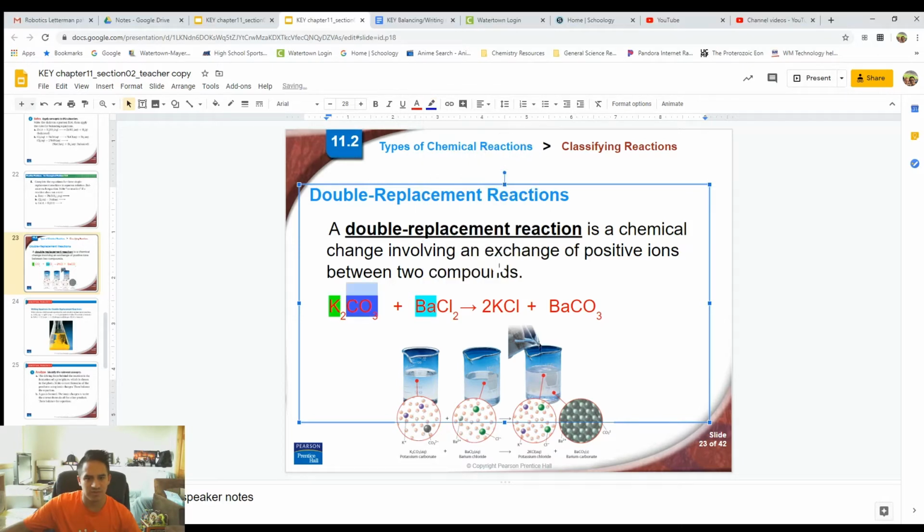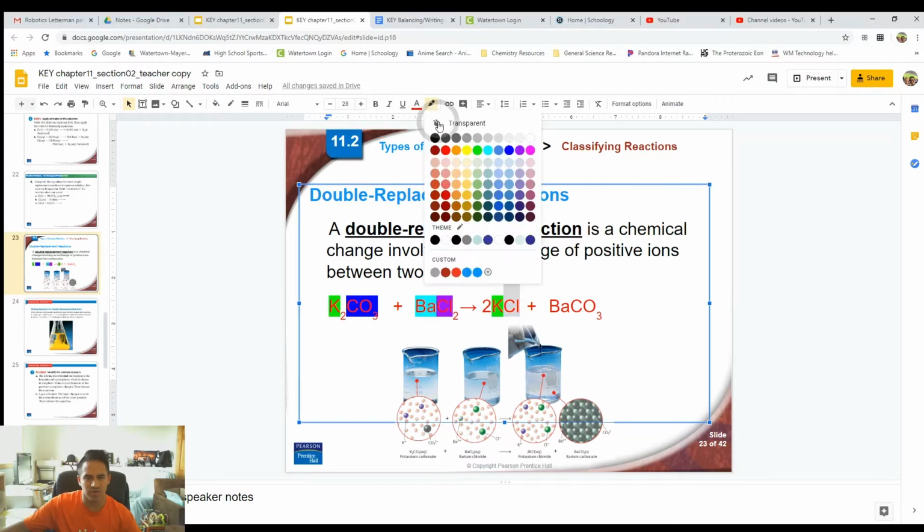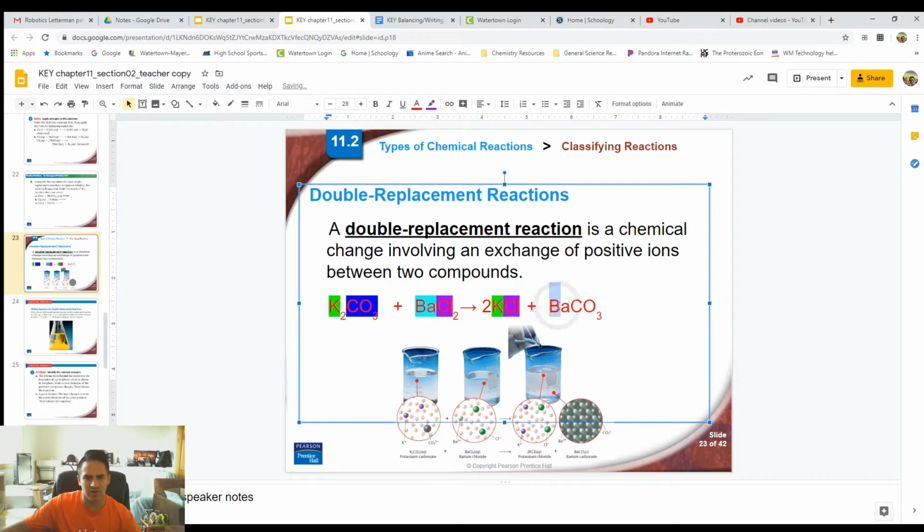This can be dark blue, and this can be purple. So now we have the potassium, which was the green one, bonded to the chlorine, which is the purple one. And we have the barium, which was this turquoise teal color, bonded to the carbonate, which is the dark blue. So we just see that they swap.